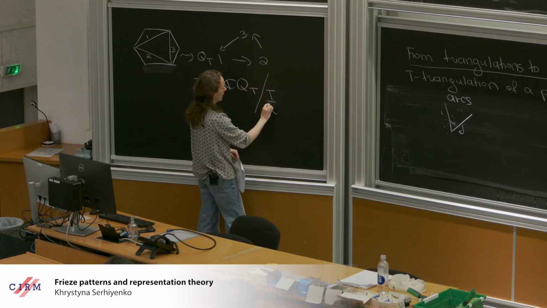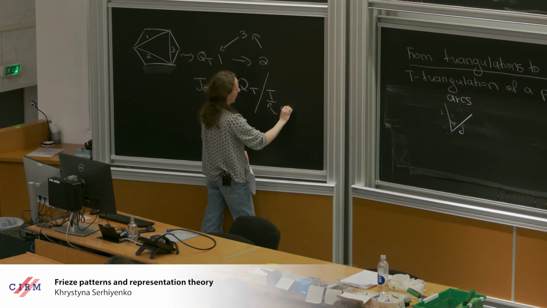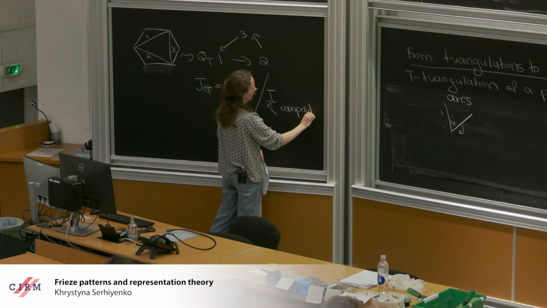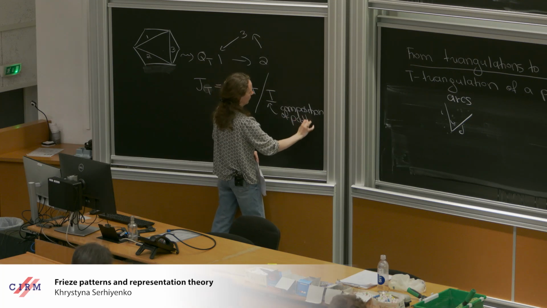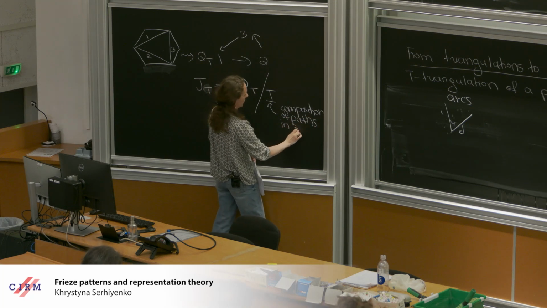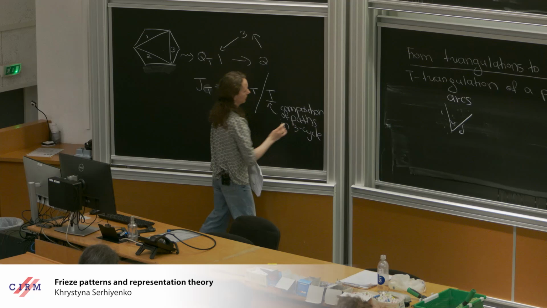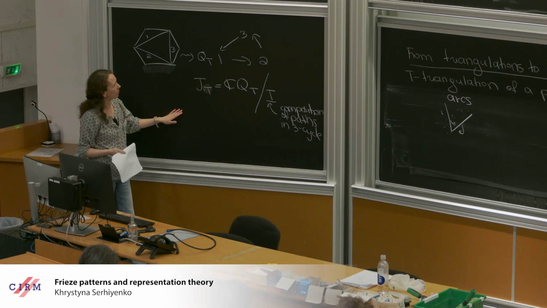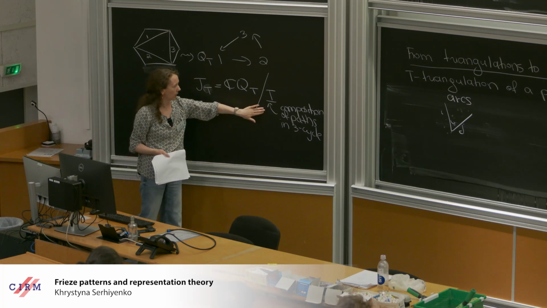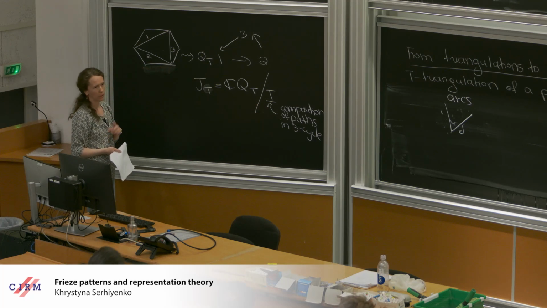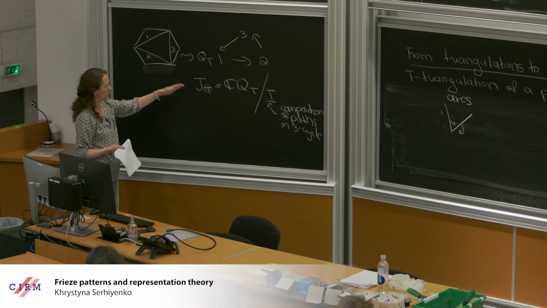This ideal is always generated by the composition of paths in 3-cycles. You will only have 3-cycles in the quivers coming from triangulations of polygons. You have to kill these cycles, or set them equal to 0, and so you mod out by the ideal.